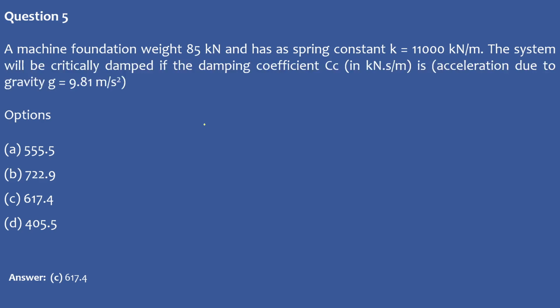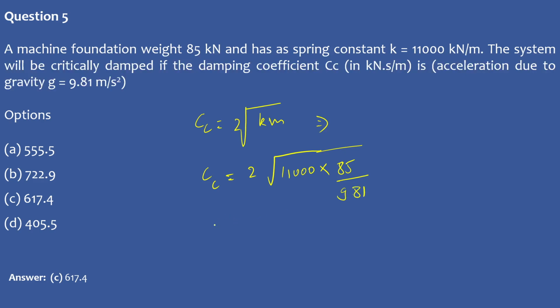Usually in the case of a critically damped system, your Cc is given by 2 root kM. Your stiffness K you need to take in kilonewton per meter, and your mass you also need to take in kg. So here the weight is 85, and for conversion into mass, we need to divide it by the acceleration due to gravity, which is 9.81.